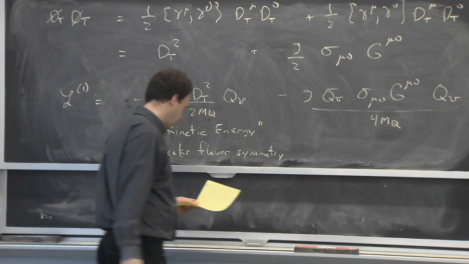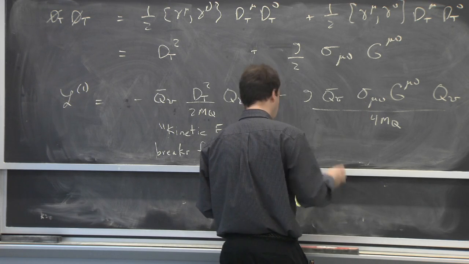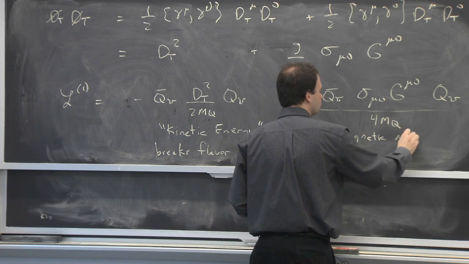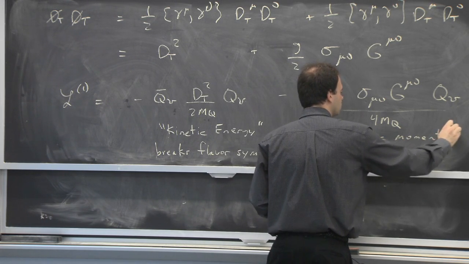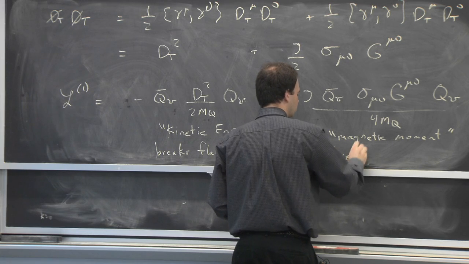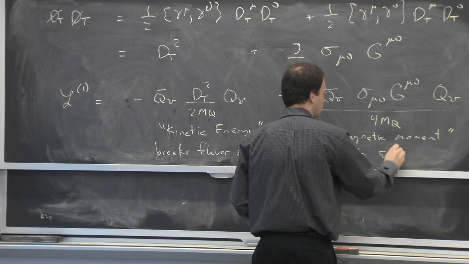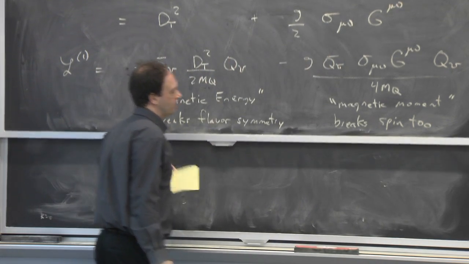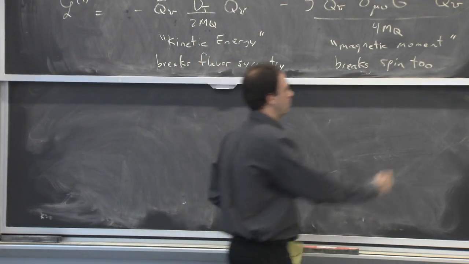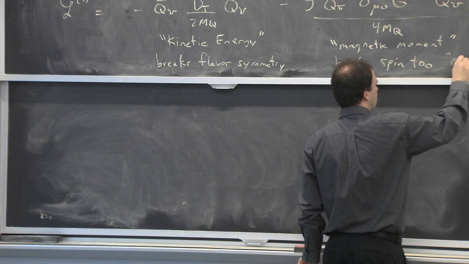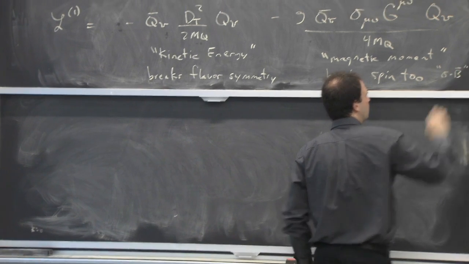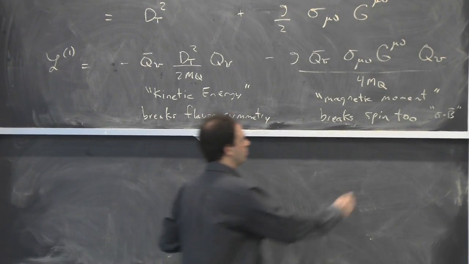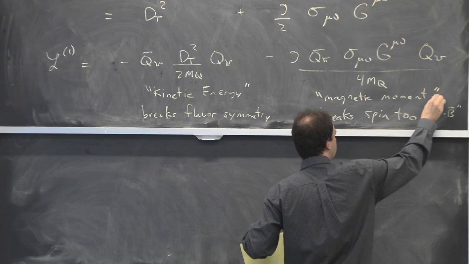And this guy breaks both because it has a spin structure now, and it's a magnetic moment type term. It's kind of a sigma dot B field type interaction. That's what I mean by magnetic moment type term.